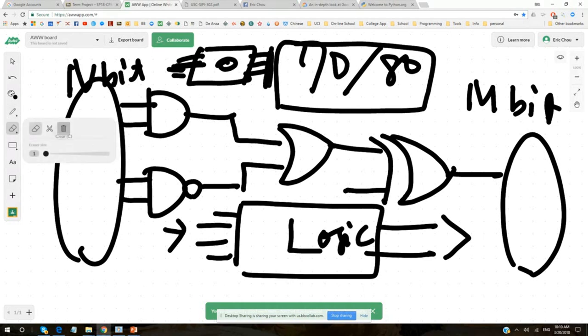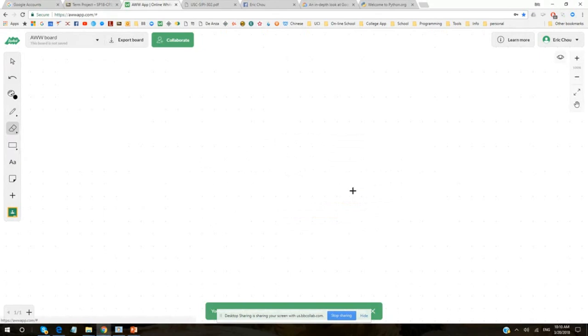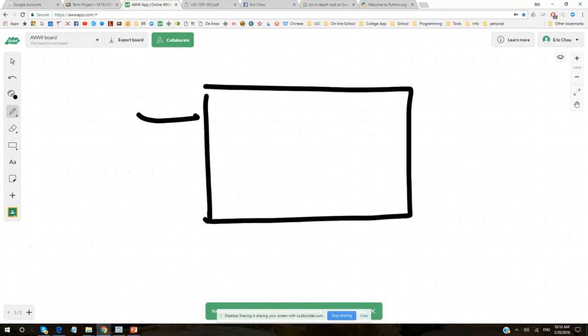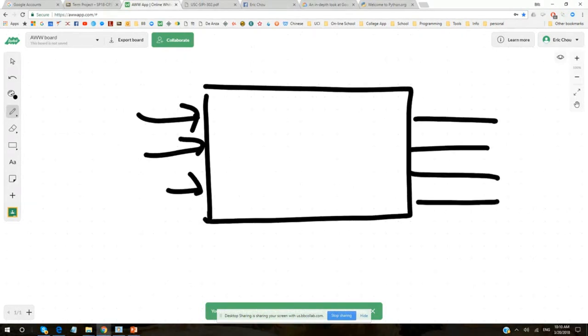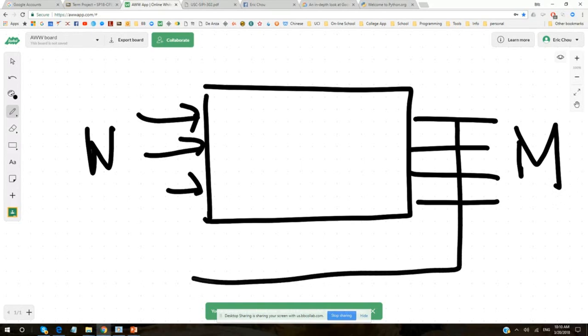At that time, people could only think about a bread box. Okay, one box, I give a number of bits there, and then I get some data out, N bits in, N bits out. But this guy, Neumann, tried to do this differently.